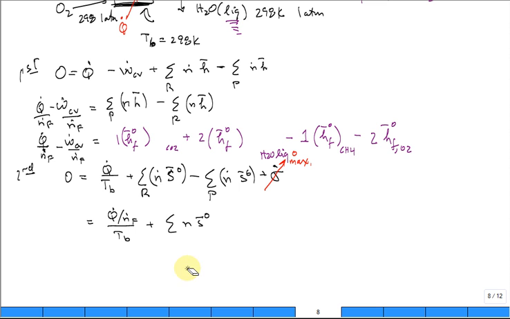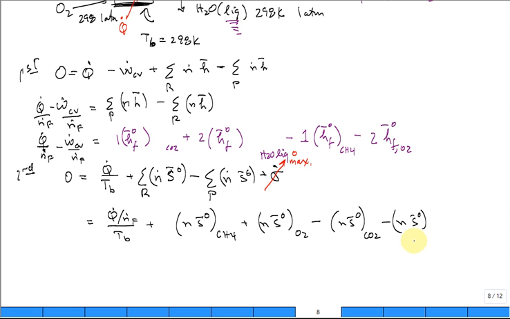And what I'm going to do is I'm going to say for the reactant CH4 plus N S bar naught for the reactant O2 minus N S bar naught for the product CO2 minus N S bar naught for the product H2O liquid. True? Did I get that right? All right. This is equal to 0.